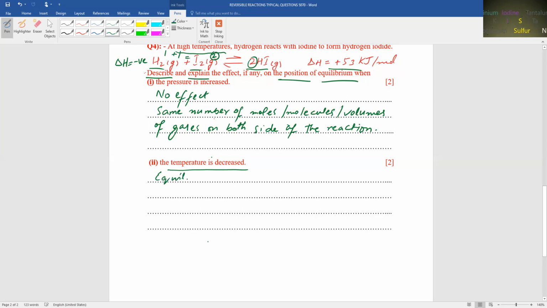Equilibrium will shift towards reactant side. Or you can even write backward direction.